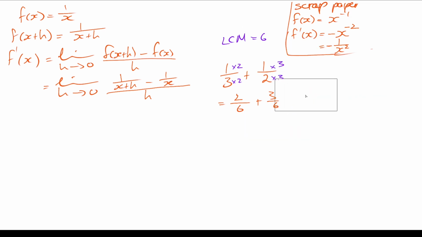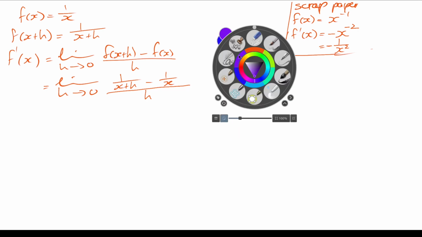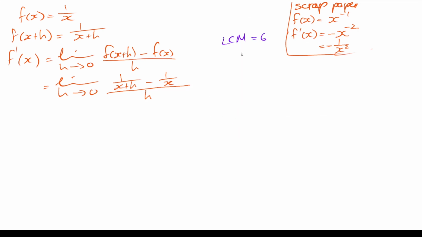All right, so we're going to do exactly the same for this one. Okay, but our LCM is not 6 this time. Our LCM is going to be this thing and that thing. So the lowest common multiple is x times x plus h.